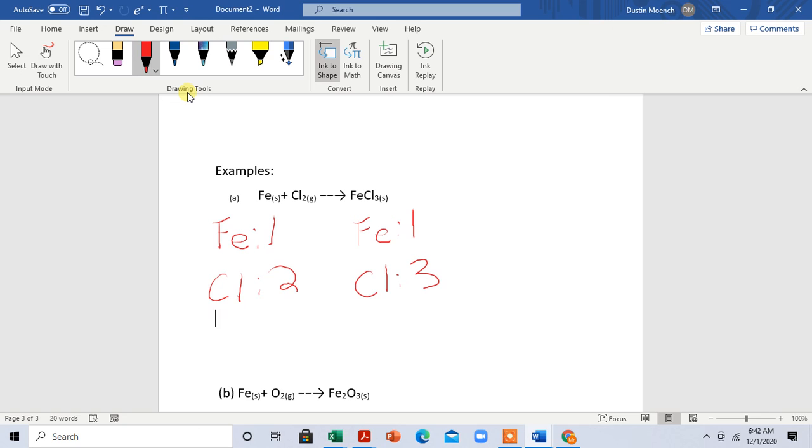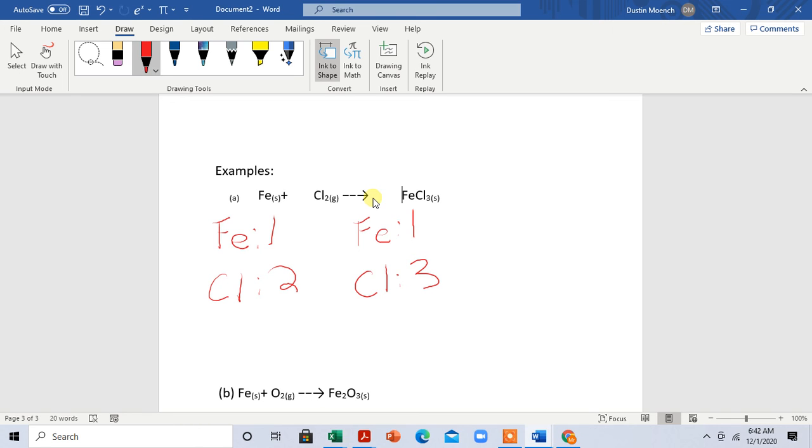So how am I going to get this balanced? Maybe I'll give us some more room to put coefficients up here, because right now there's not a lot of room. This is what I'm thinking to myself. I can't put anything out in front here to make that 3.